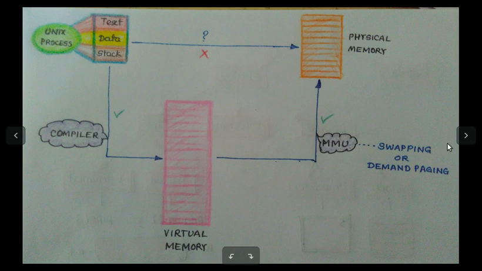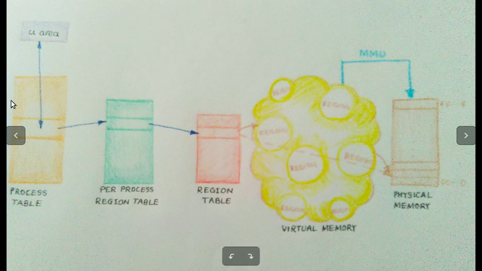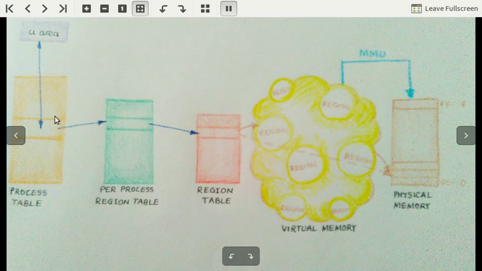The associated data structures for the processes, as we all know, are the u area and the process table. Every process has its own memory, and every process has an entry in one table called the process table.